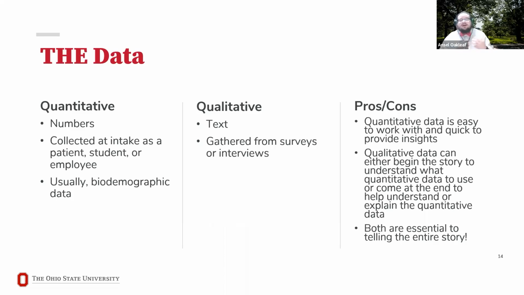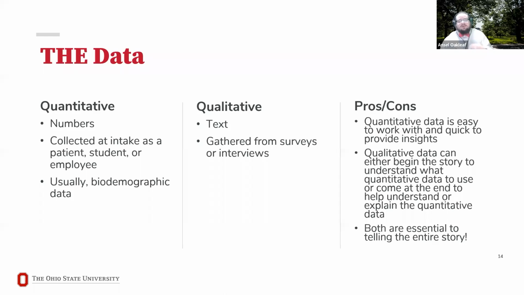Qualitative data, I find, is really good to either begin your story, to understand your quantitative data, or to help explain what you see in the quantitative. So say you're working with quantitative data and the numbers just are not making sense.